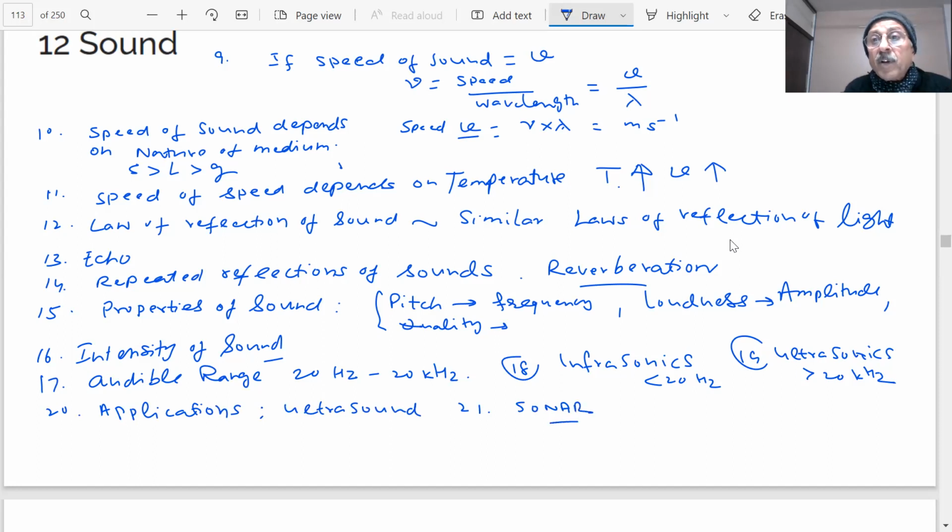What is the sonar, student? So many applications of the ultrasonic waves, and how to find the depth of the sea, underwater objects, and locate the underwater hills, valleys, submarines, sunken ships, etc. We are using sonar techniques.